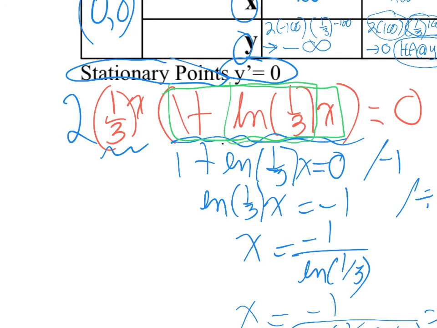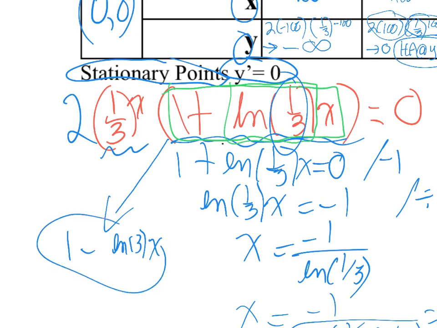It's just a number. Now, after a while, you'll remember, I think, that 1 plus the ln of 1/3 times x is always going to be 1 minus ln 3 times x because of your expansion rules, right? So that's going to become ln 1 minus ln 3, and we know that ln 1 is worth 0.